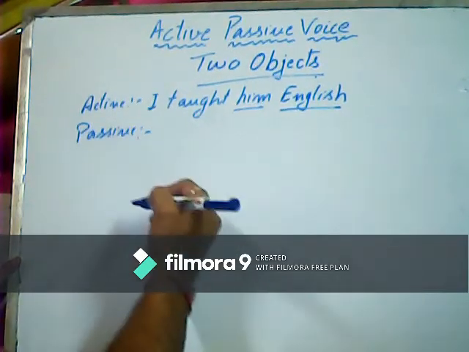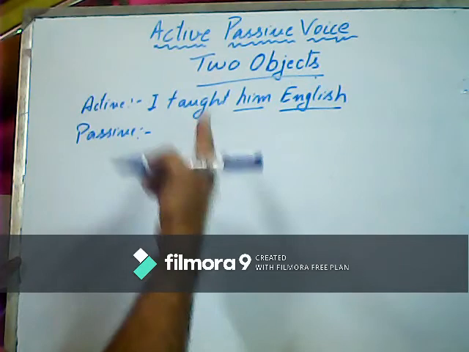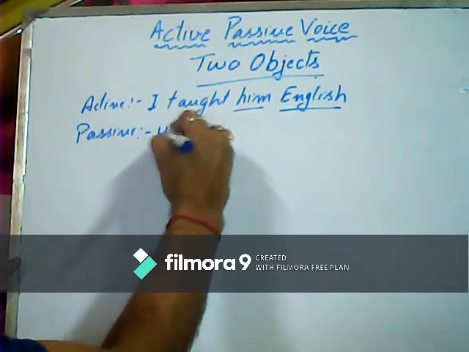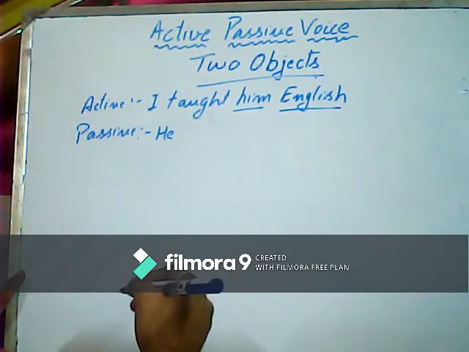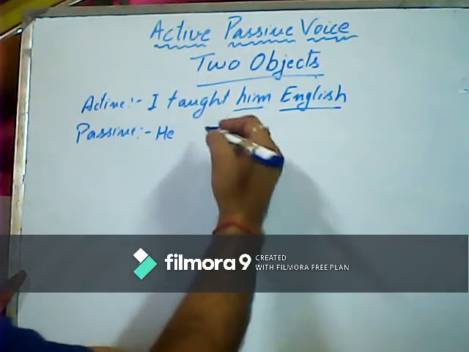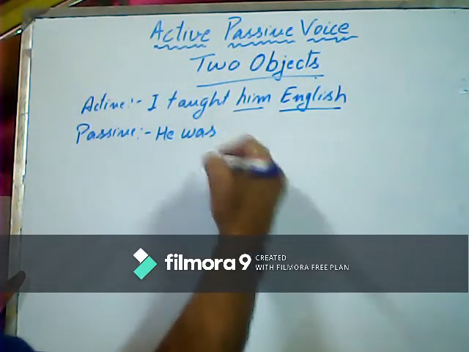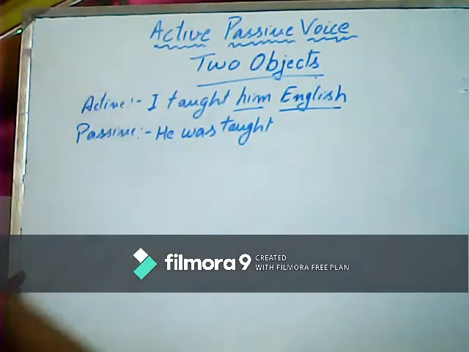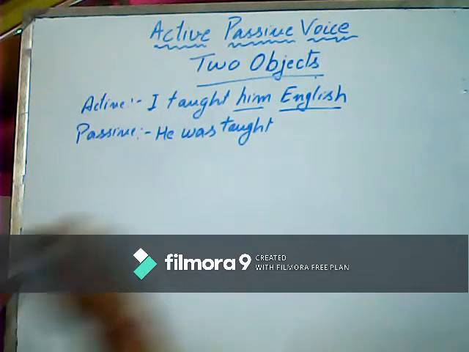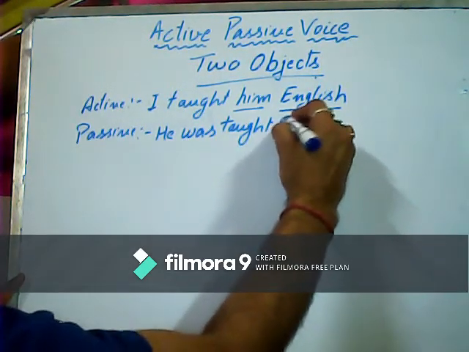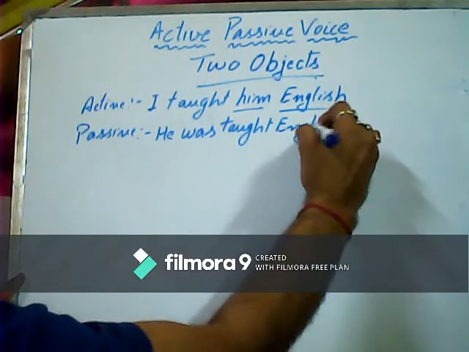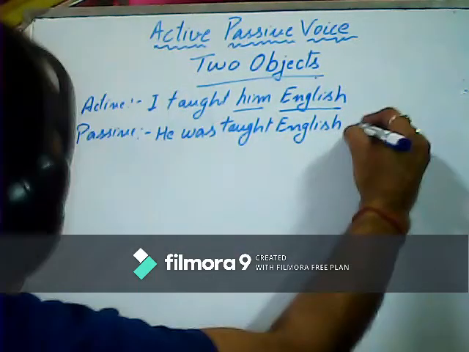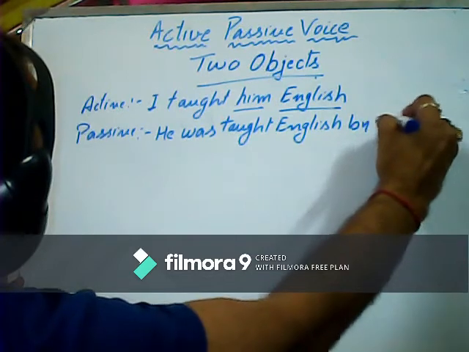Suppose we take him, the first object, as subject, so him will change into he. He was, because it is in past tense, taught, third form of the verb teach. He was taught English by me. I will change to me.